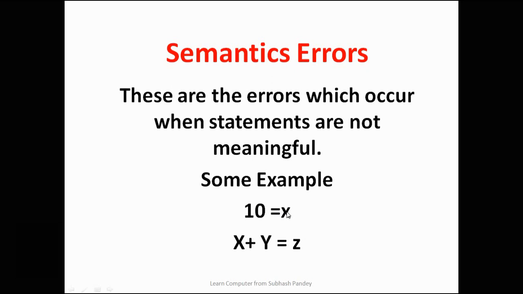This is the L and this is the R. Generally in the L value we write the variable name, that is the address of the variable, and on the right side we give the values. Same way, on the right and left side you cannot write expressions. So this is also a wrong statement.